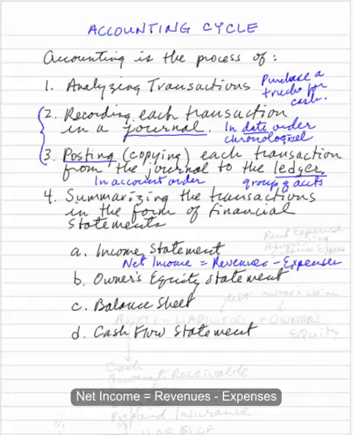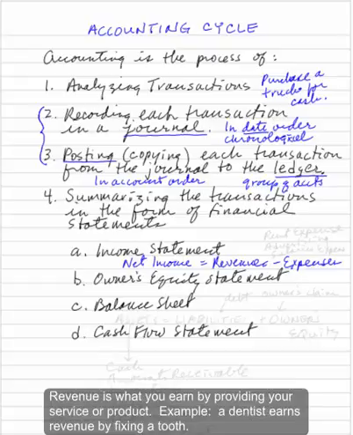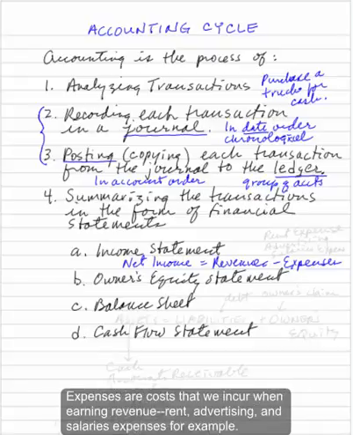What is revenue? Well, if you sell a product or a service, a revenue is what you get, or what you earn, let's say, from providing your service. So a dentist provides service to a client, maybe fixes a tooth, and earns revenue. A school earns revenue by charging tuition. You also have expenses. The expenses represent costs that you incur in order to earn revenue.